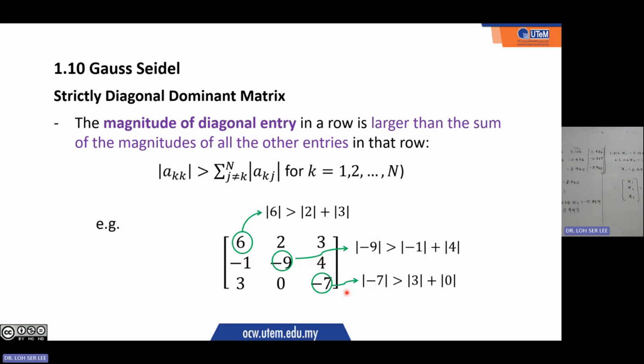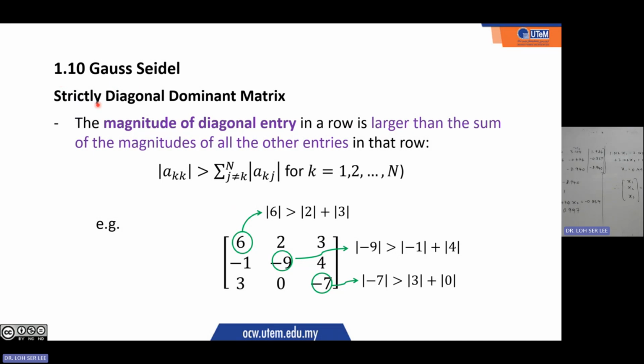And the last row, the magnitude is 7. So 7 is greater than 3, when you sum up the magnitude of these two, which is 3. So when this criteria is satisfied, that means this matrix is a strictly diagonal dominant matrix.